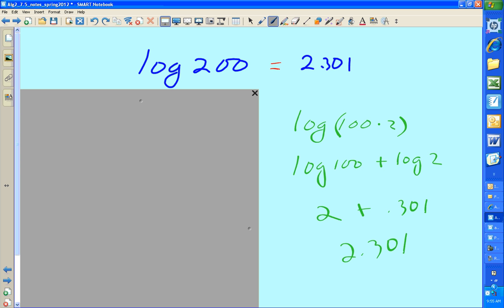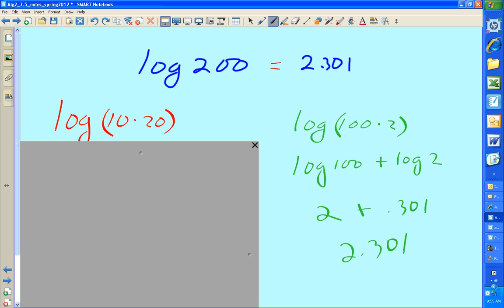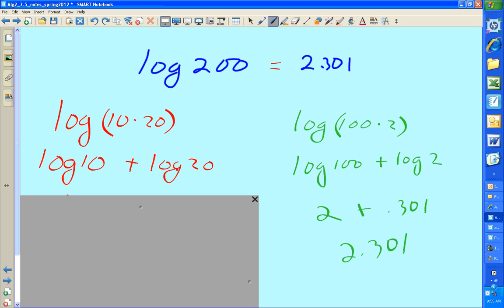Another way to do 200. 50 times 4. Another way. 10 times 20. I only have the 10 times 20 already up here. 50 times 4 would work too, but you'd have to use the calculator for both of them. With the 10 and the 20, when we apply the product property, we have common log of 10, and common log of 20. The common log of 10 we should know. What is it? 1. Common log of 20, between 1 and 2, closer to 1.